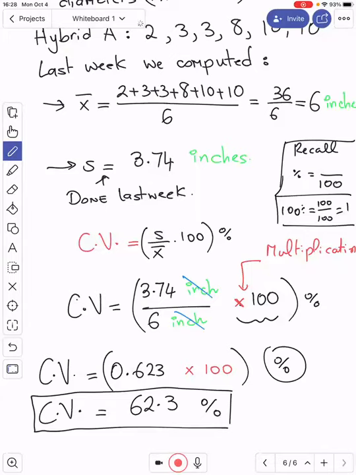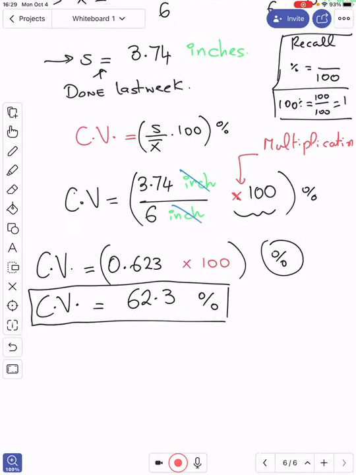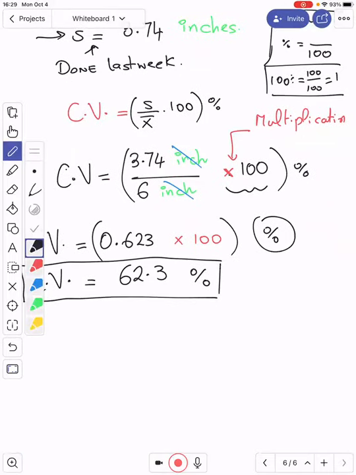Yes, please. I think someone has a question, right? No questions. All right, so you know what, guys? Let's compare the coefficient of variation of hybrid A with the coefficient of variation of hybrid B. This is supposed to be my second example, but we can do it as an exercise.